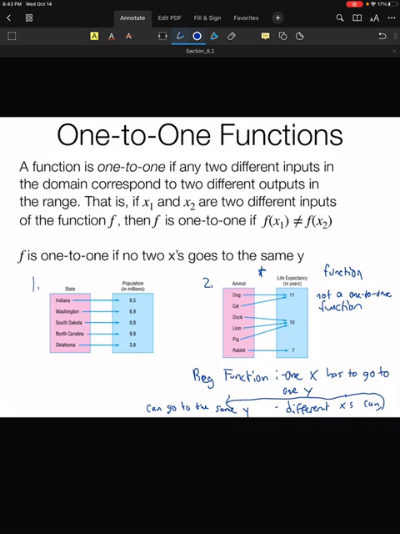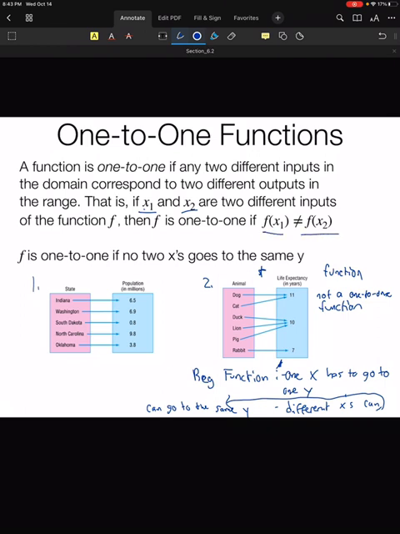The part of the definition that's important says that if I have different inputs, say x1 and x2, that leads to two different outputs. To back up, to be a one-to-one function you have to be a function in general, so it's always true for any function that this one x goes to one y rule is adhered to.